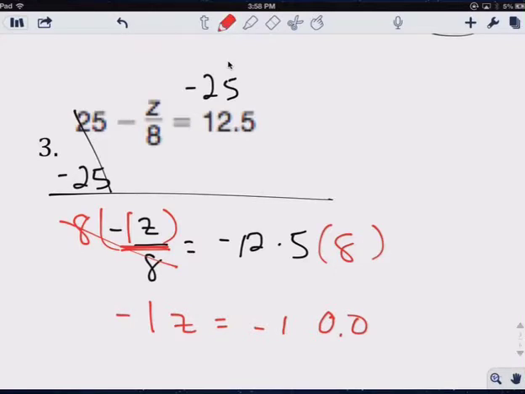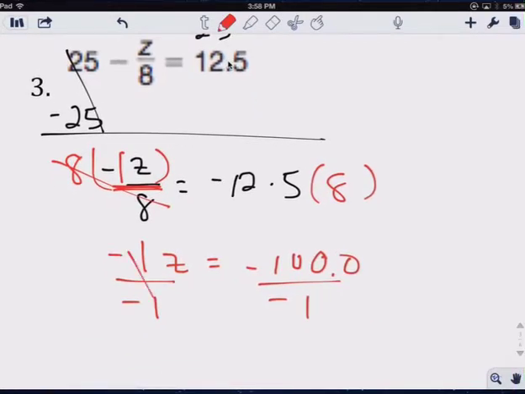It's 100. Divide by a negative 1, divide by negative 1. You get your answer, z equals 100.